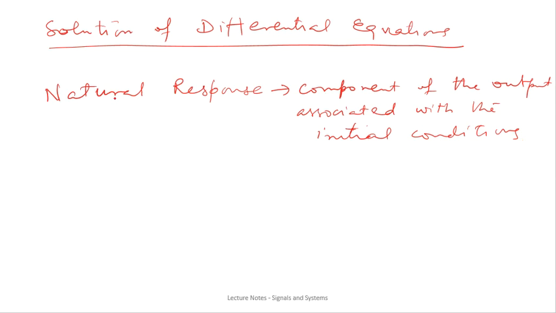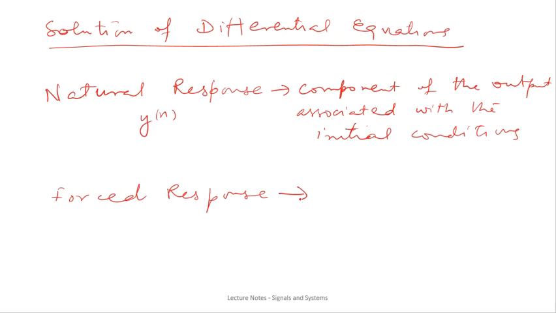And you can represent this natural response as y, with y for output and n for natural response. And then there is a second term which is associated with the output.